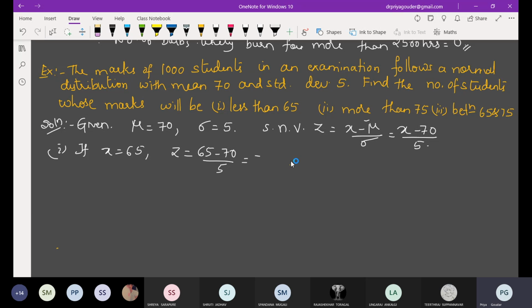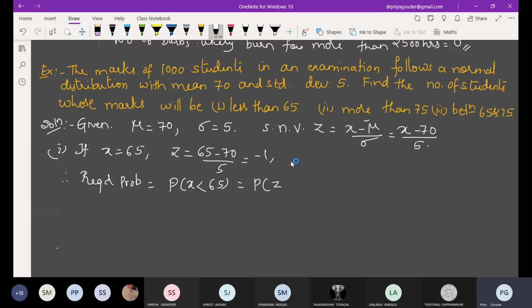Okay. What is the required thing here? First we'll find the required probability, that the marks will be less than 65. So probability that X is less than 65. Given conditions are for X, and in normal distribution we convert it to Z. If X is 65, Z is minus 1.